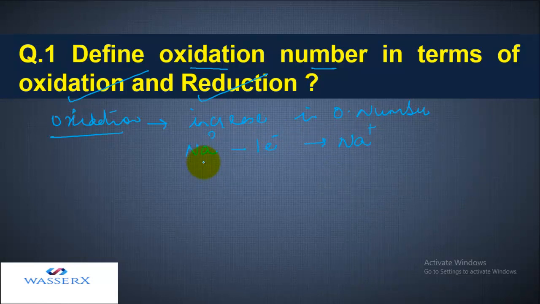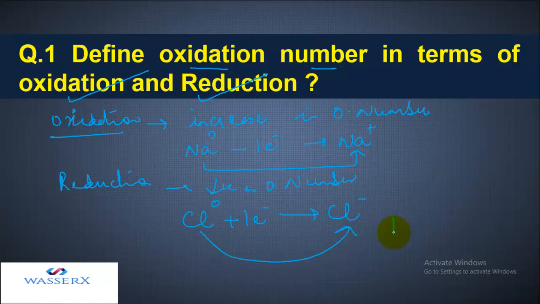Here its oxidation number goes from 0 to +1, so that means it is increasing. So it is oxidation. Similarly, if we talk about reduction, a decrease in oxidation number is called reduction. For example, if we have Cl, it gains 1 electron and forms Cl negative. Here its oxidation number is 0 and it falls by 1, that is, decreases by 1, and a decrease in oxidation number is called reduction.